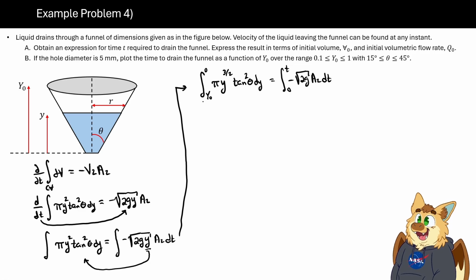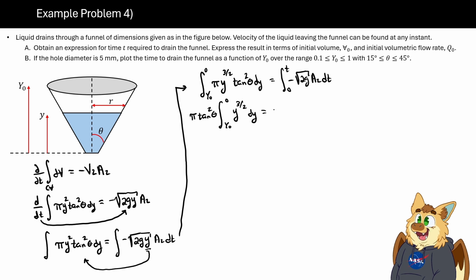All right, let's evaluate these integrals. So this would just be, again, this is where I'm gonna start rewriting a lot, so bear with me here. Dy, just bringing out our constants from the integral that are not a function of y.